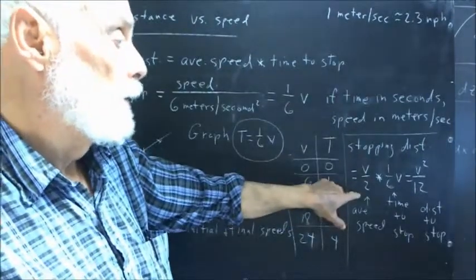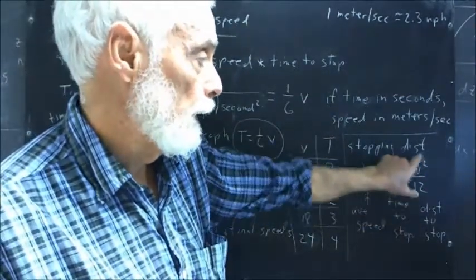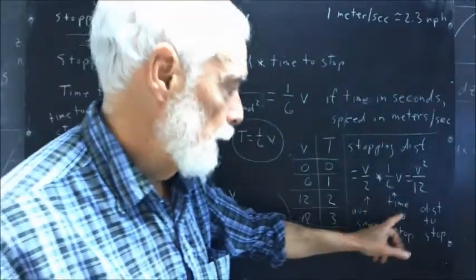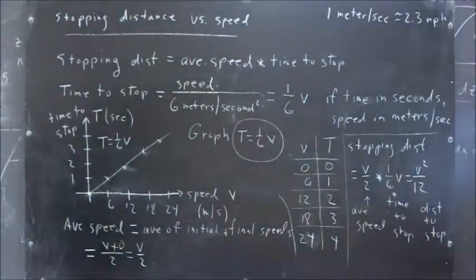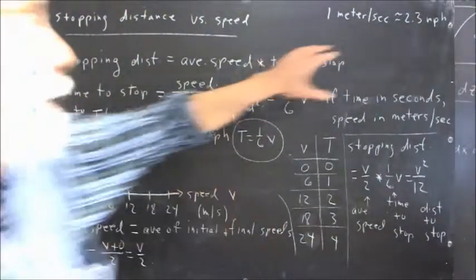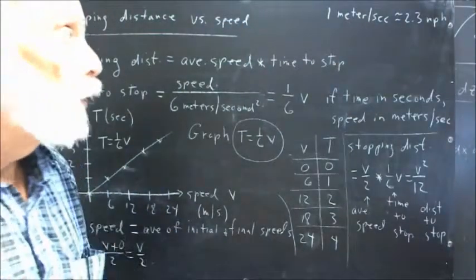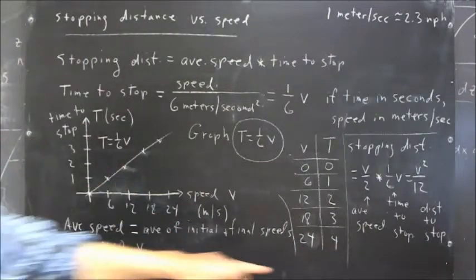Average speed is v over 2, time to stop is 1/6 v. We multiply those, we get the quadratic expression v squared over 12. Multiplying average speed by time to stop gives us the distance to stop. Also noted up here that a meter per second is about 2.3 miles an hour, so this 24 meters per second is going to be somewhere around 55 miles an hour.